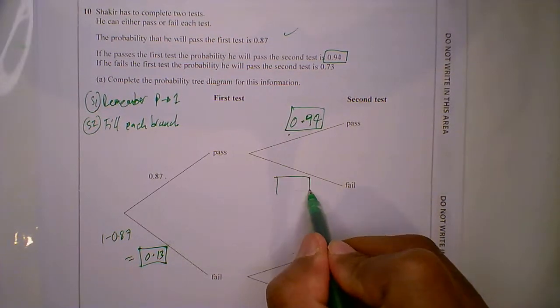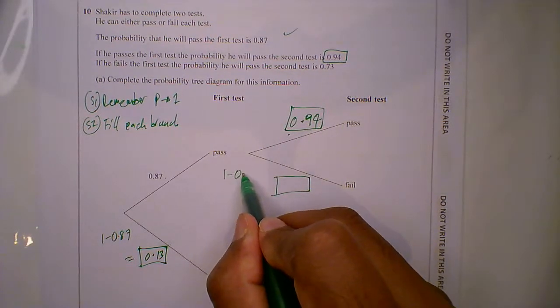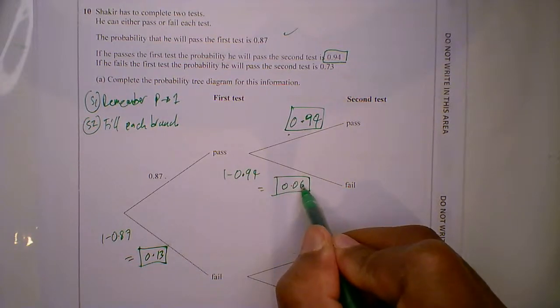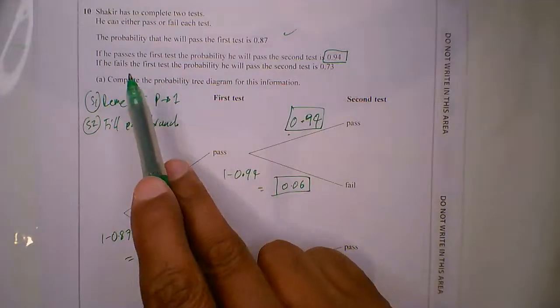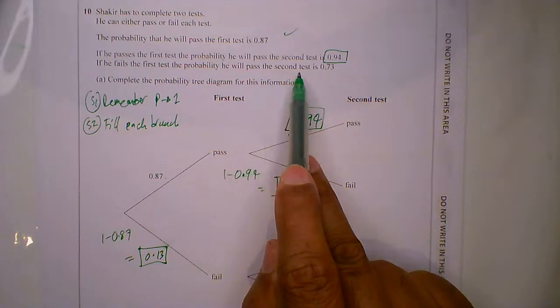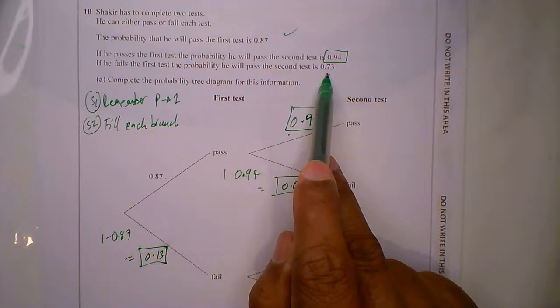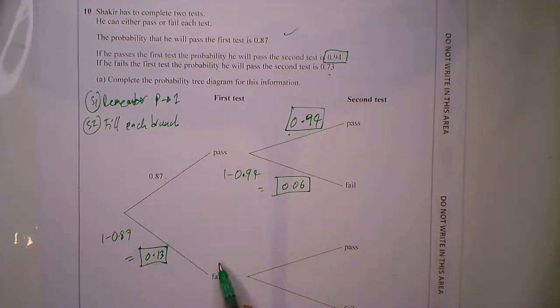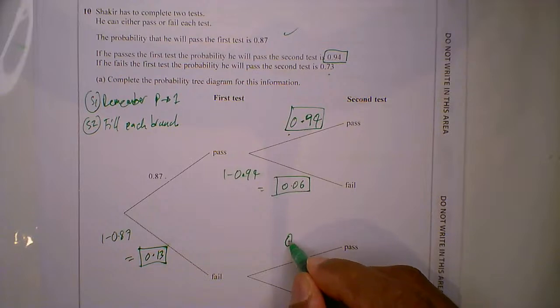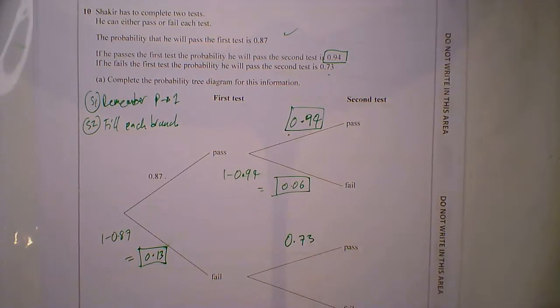And so now this one I can work out, 1 take away 0.94 gives me 0.06. Now the next sentence, if he fails the first test, the probability he will pass the second test is 0.73. So if he fails, we go down fail, and he passes is 0.73. So that goes here, 0.73.